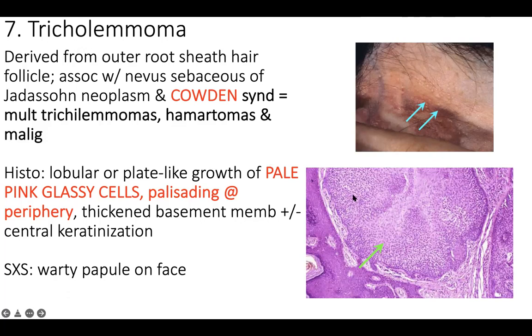On histology, you see these pale pink glassy cells that are palisading. We can see these pale cells palisading right here at the periphery. And you get these warty papules located on the face. So know Cowden syndrome: multiple trichilemmomas, hamartomas, and malignancy.